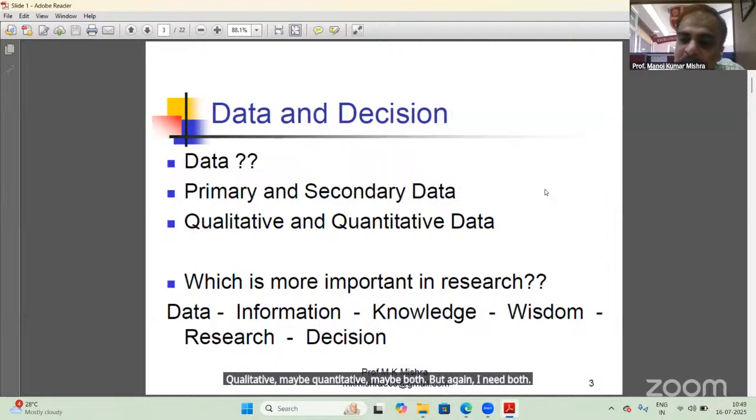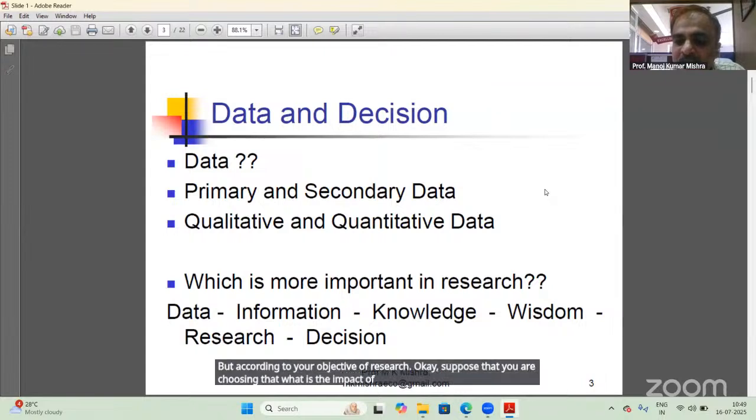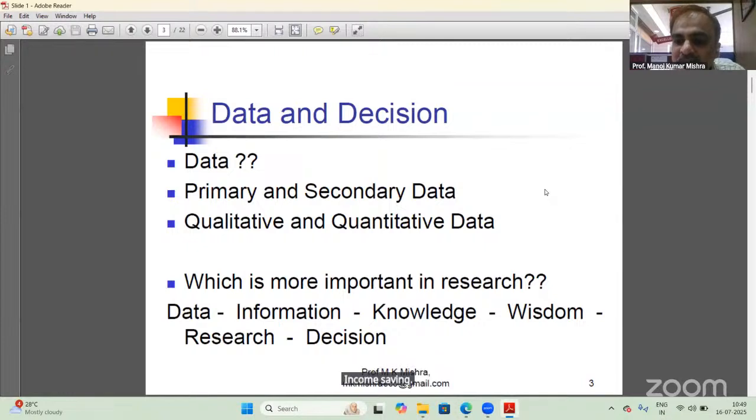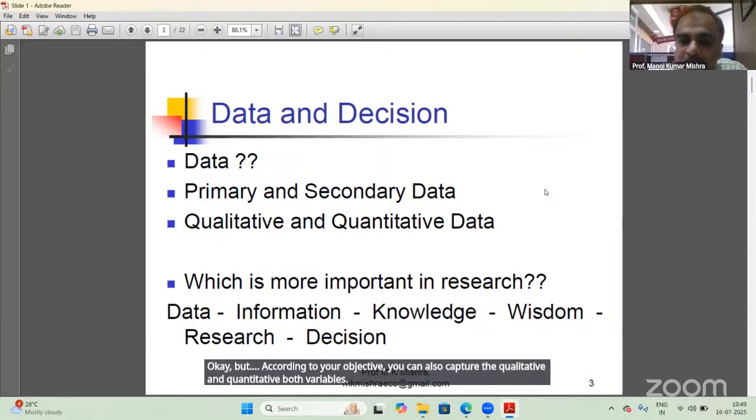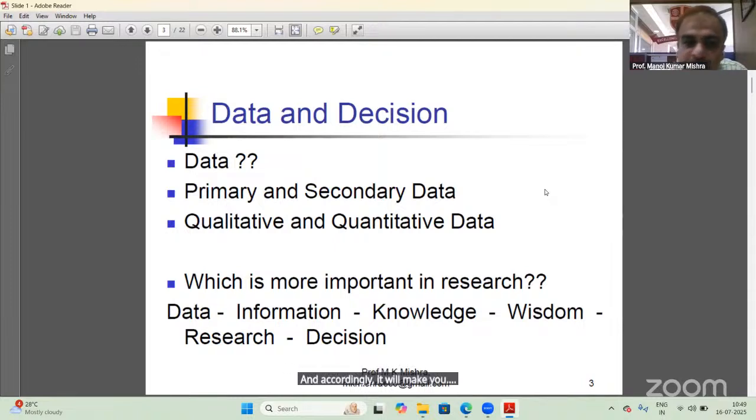But it depends on the objective of your research. Suppose you are choosing the impact of income and saving on investment. Then you choose only quantitative variables. But according to your objective, you can also capture both qualitative and quantitative variables, and accordingly you will make your questionnaire and do the steps.